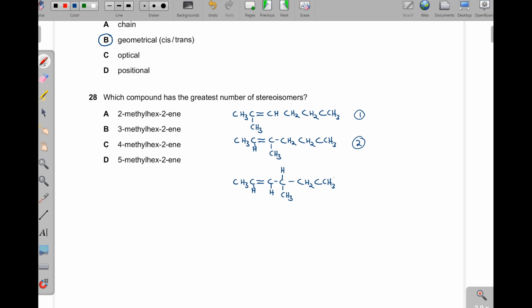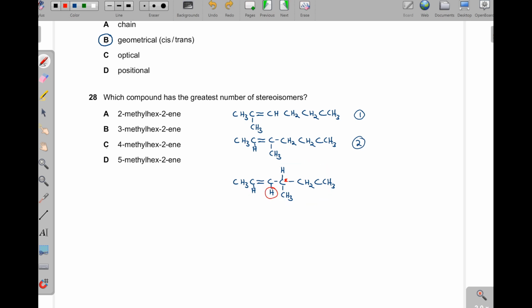So you can see that this group is different from this, different from the whole of this, different from the whole of this. So this carbon here is therefore a chiral center. So it will have the enantiomers, or the 2 optical isomers, right? But also here, this carbon in this double bond has this group and also this other group.